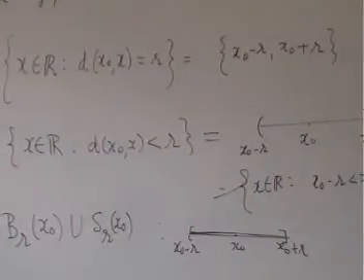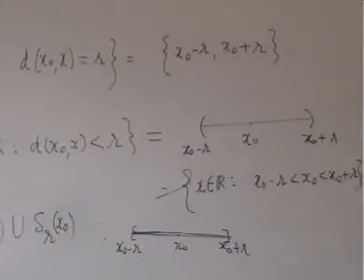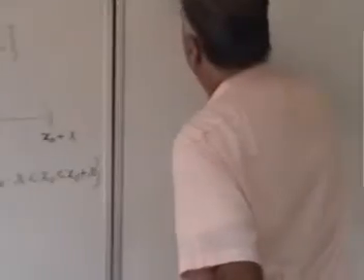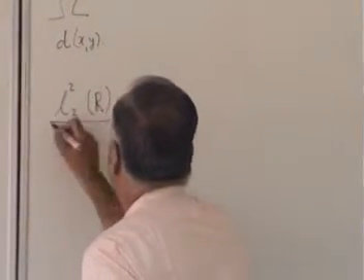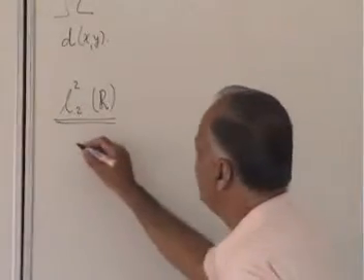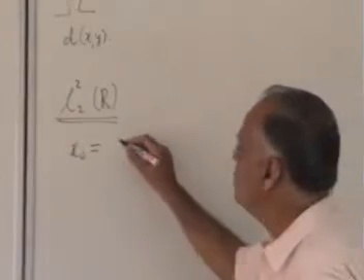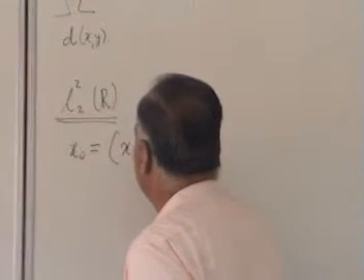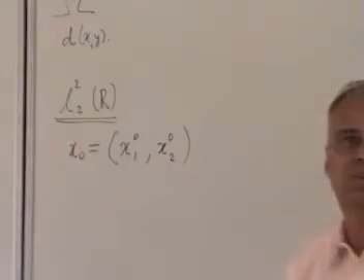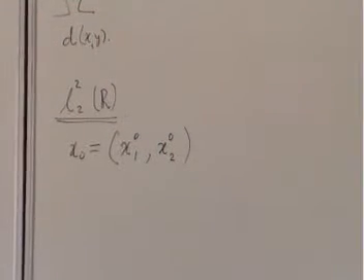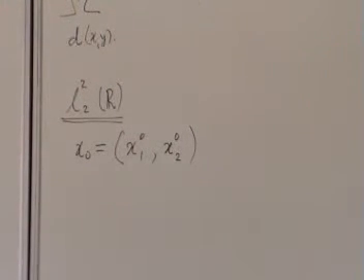Now let's look at R2 first of all. Let us take a fixed point x naught. The fixed point x naught will have 2 coordinates. Let's call them x naught 1 and x naught 2, because it is a point in R2, the 2-dimensional plane.